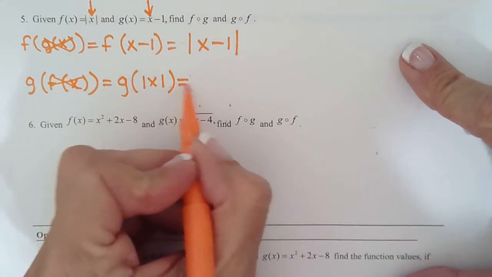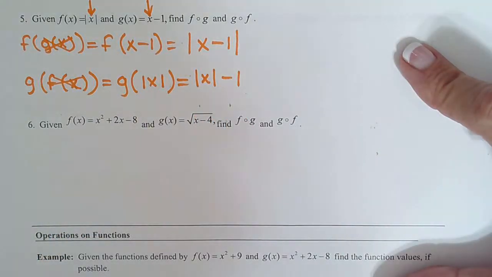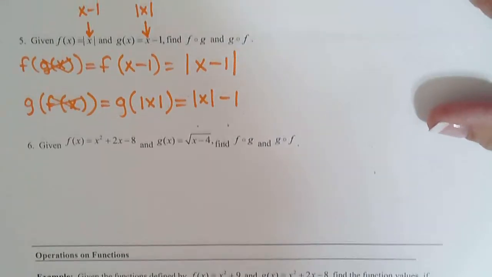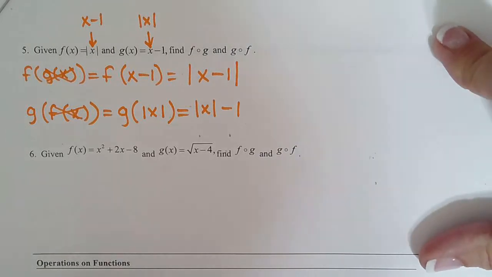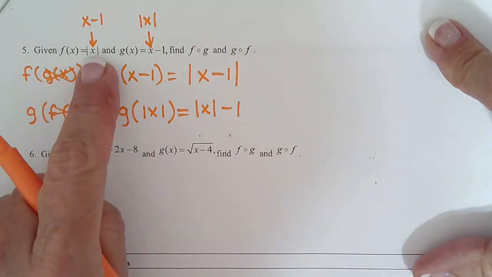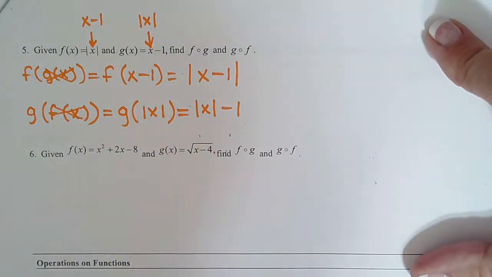So once again, not much we can do after that. We get this. And I don't know what the absolute value of x is, so I'm not showing you this. So absolute value of x minus 1. This one, inside the absolute value, you had x minus 1, and neither one can be simplified.